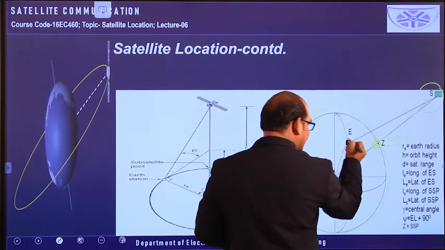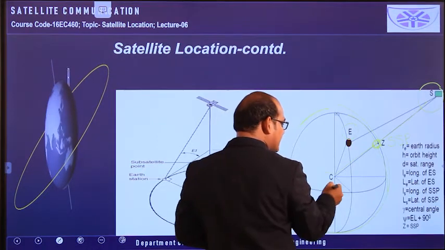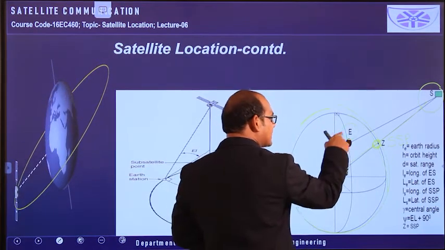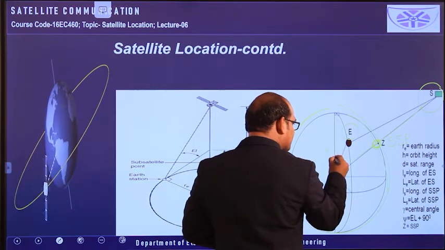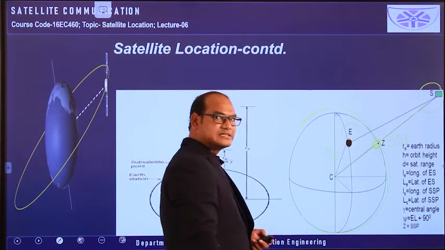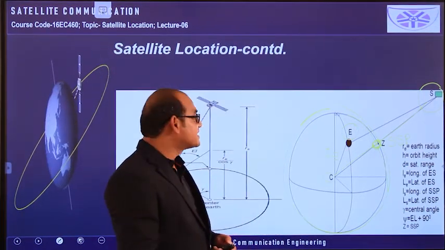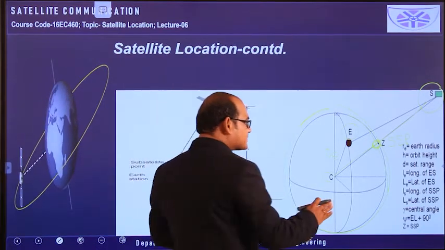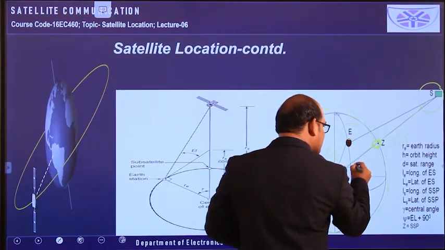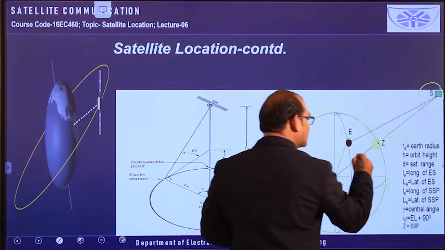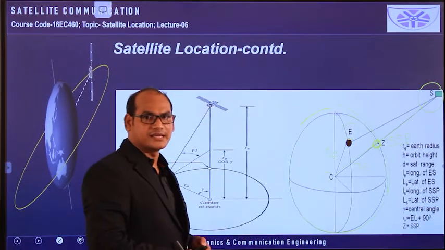So this CE, the distance from the center of the earth to the earth station, is indicated with R suffix E, that is nothing but the radius of the earth. And the distance CZ is also the earth radius only.